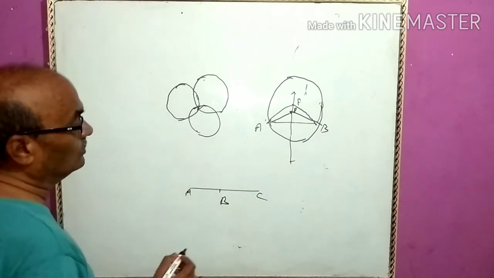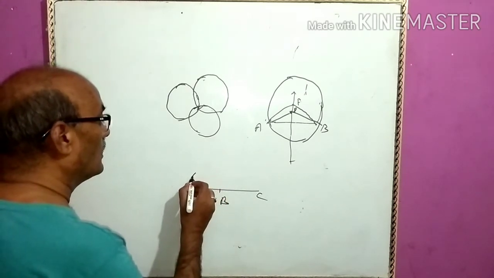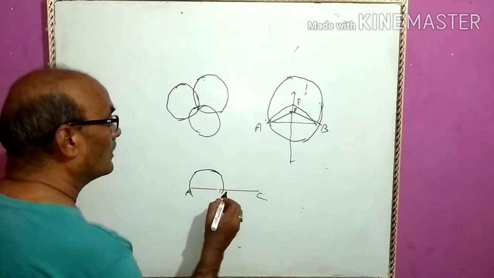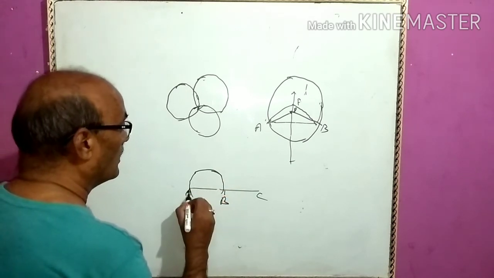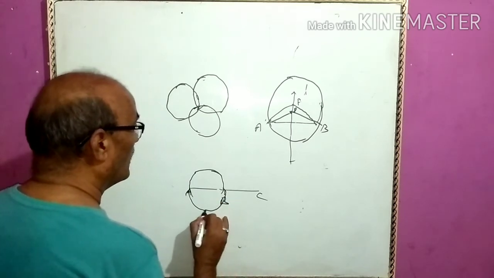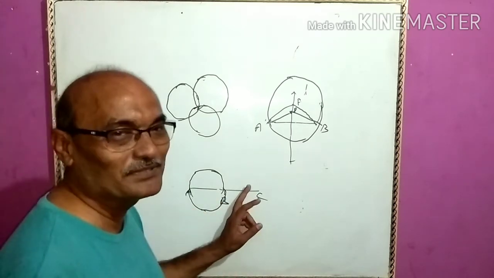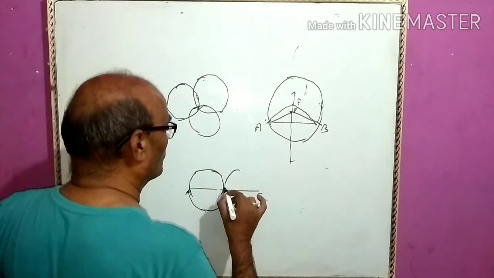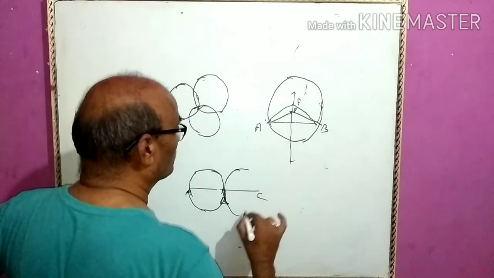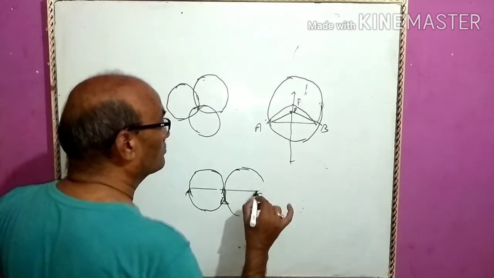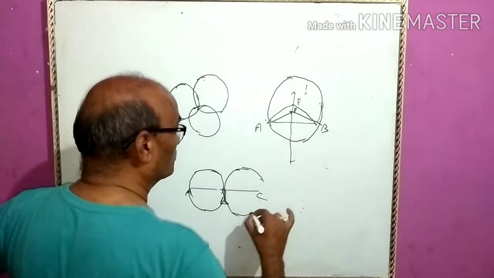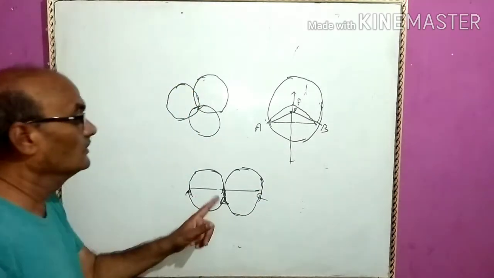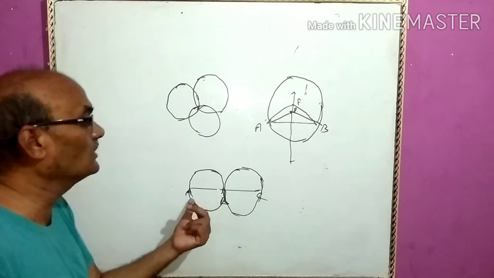If we pass a circle through A and B, then C is left. If we pass the circle through B and C, then A is left.